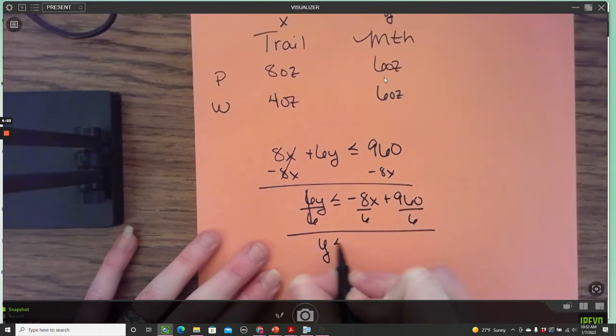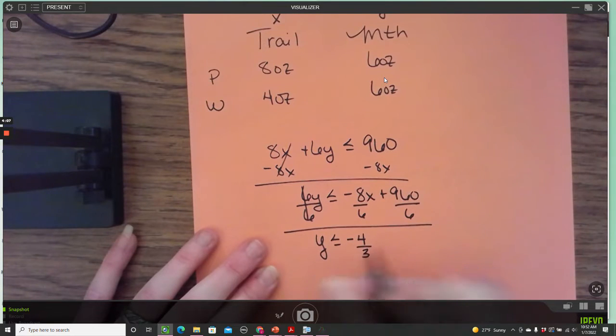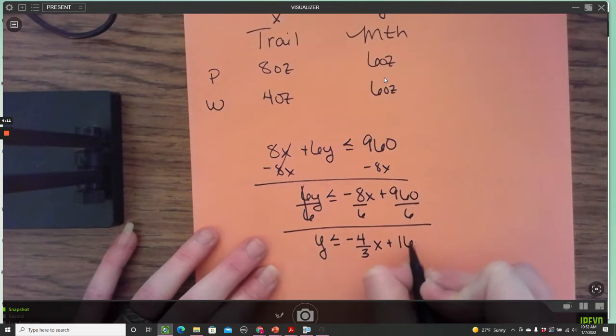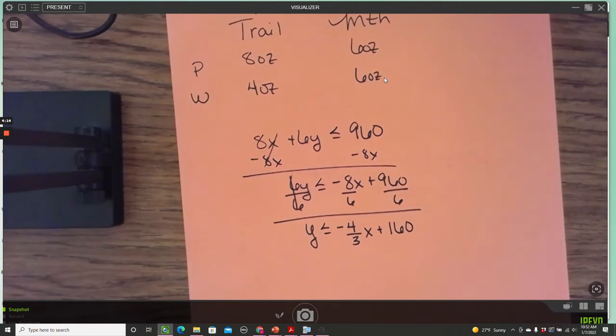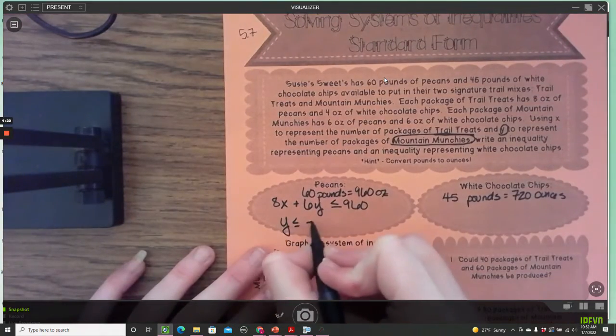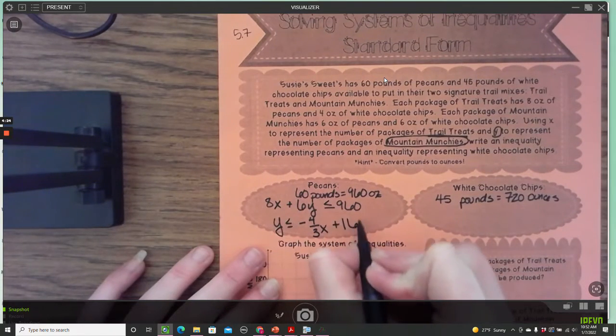So y is less than or equal to negative 8 over 6, which simplifies to negative 4 over 3, and 960 divided by 6 is 160. So the simplified equation in slope-intercept form is y less than or equal to negative 4/3 x plus 160.